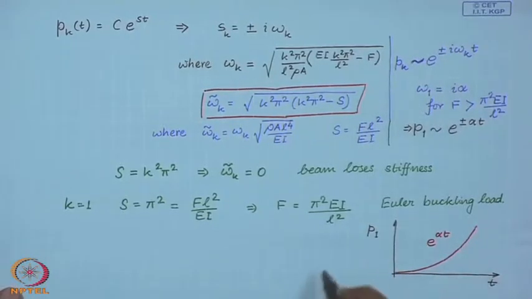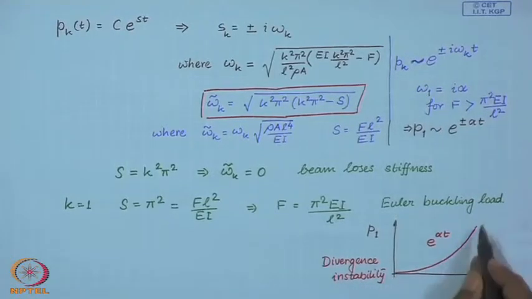This is known as divergence instability. So, this kind of behavior is known as divergence instability.